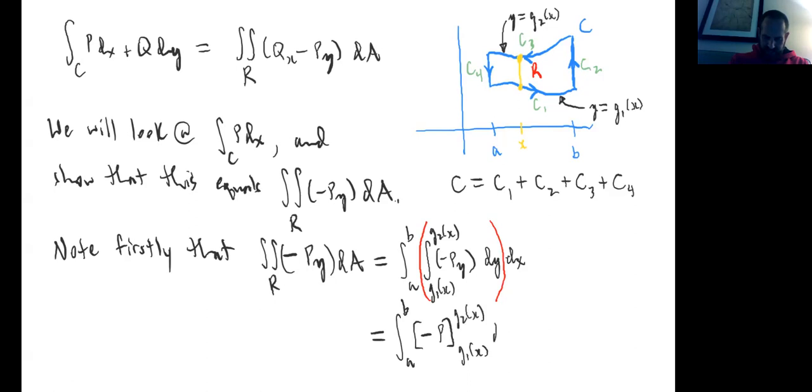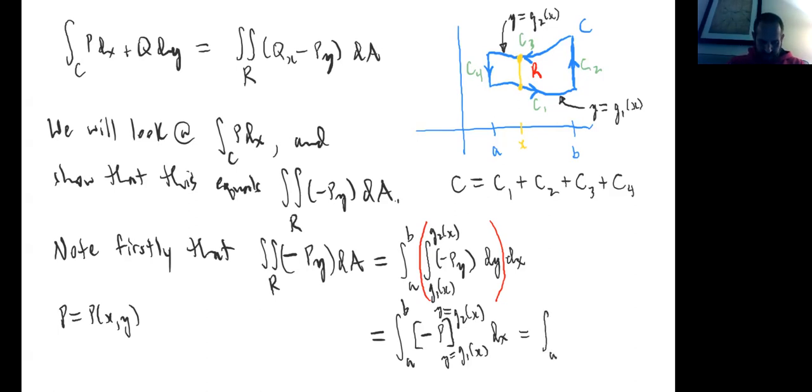And what I mean by negative P, so P is just a function of X and Y, don't you see? And I mean to plug in here Y equal to G1 of X and Y equal to G2 of X. So it's going to be negative P of X, comma, G2 of X minus negative, which is plus P evaluated at X, comma, G1 of X. So look at what this is.